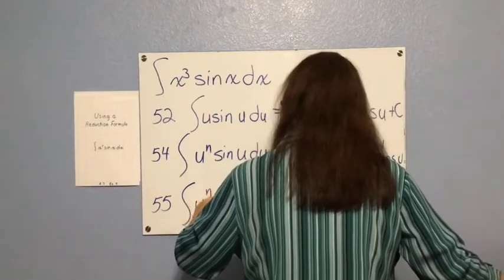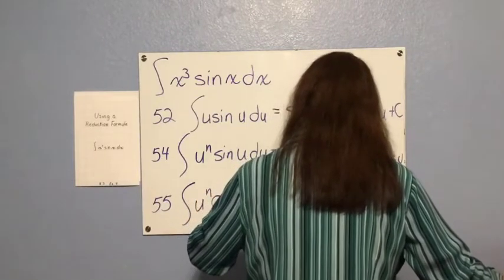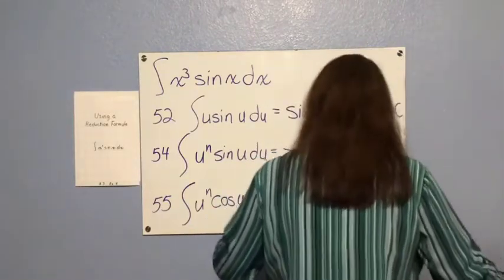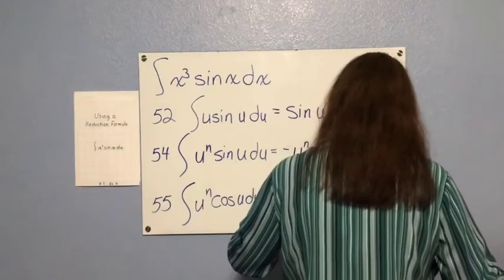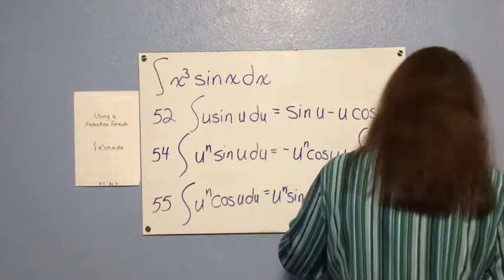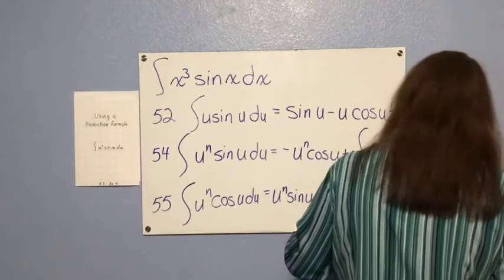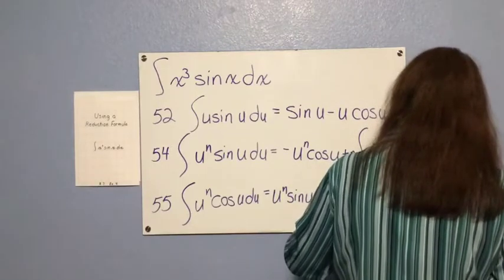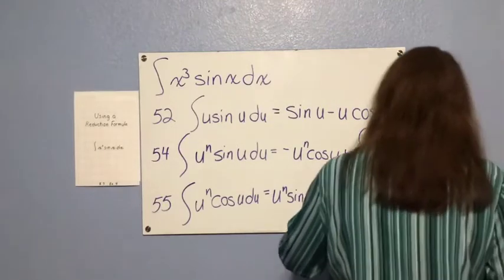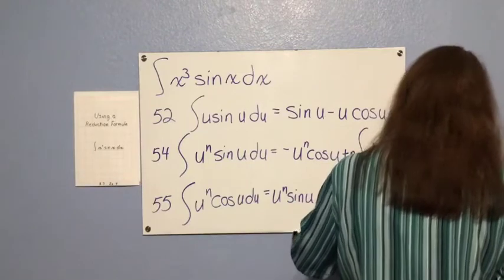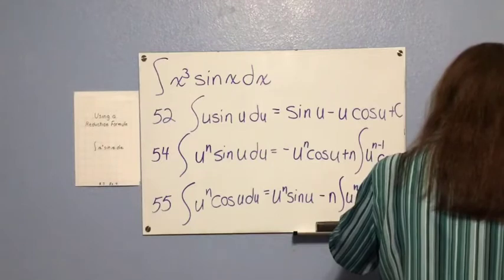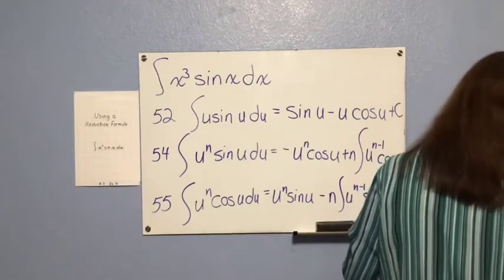The integral of u^n cos u du is equal to u^n sin u minus n times the integral of u^(n-1) sin u du.